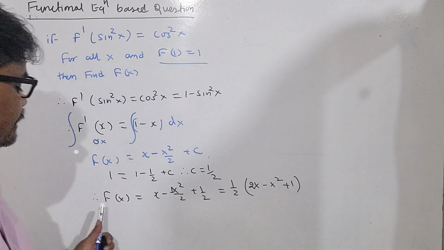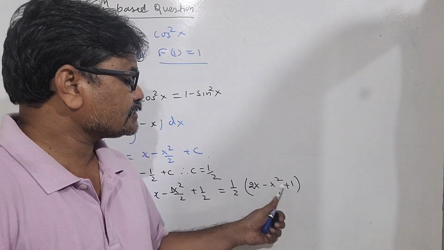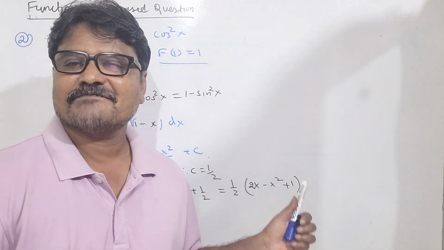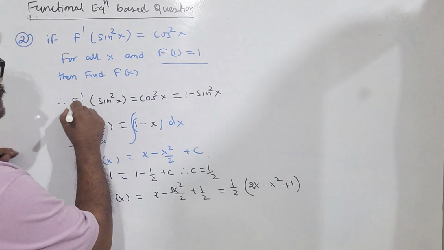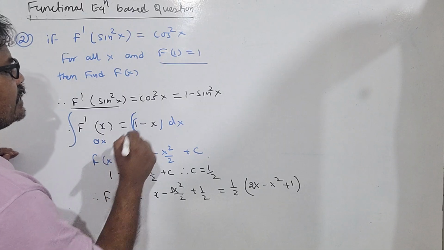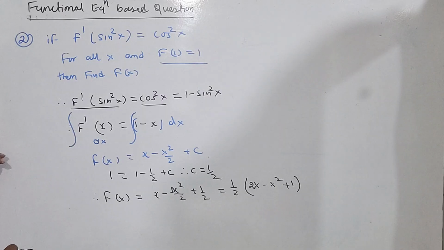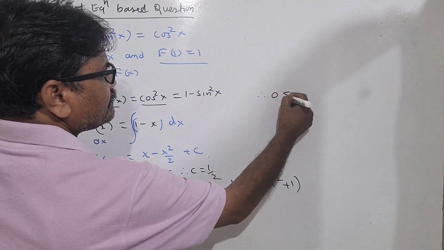I cannot define f of x equals 1 by 2 times (2x minus x square plus 1) for all x belonging to real numbers. Because I have come from f dash of sine square x equals cos square x, and sine square x lies between 0 and 1.